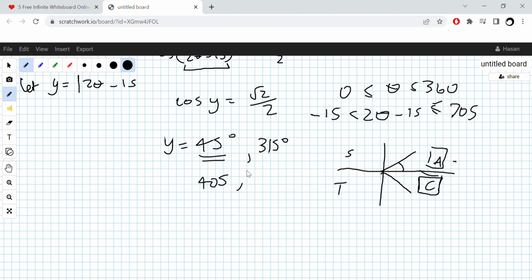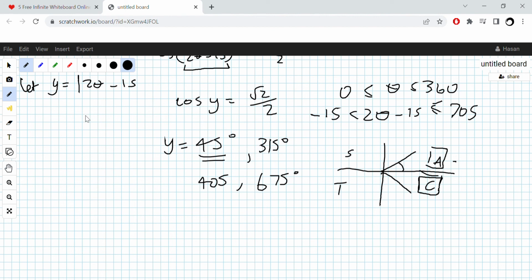And when you add 360 to 315, you would be left with 675. Now you can't go around once more because that would exceed the limit of 705. And you can't go into the negative section because the least negative you can have is minus 45. So this is what we're left with.